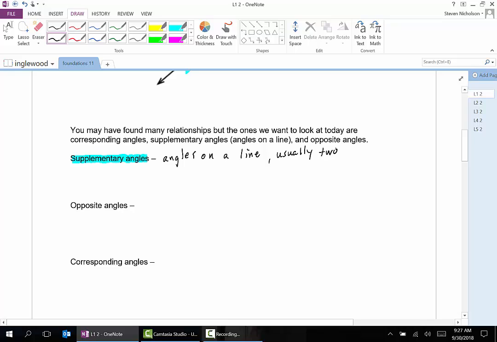Usually two. And they add up to 180 degrees. Always. So here's a quick little picture where we have these two angles, I'll just call them A and B, angle A plus angle B are going to equal 180. And if you look at the picture, you see it.